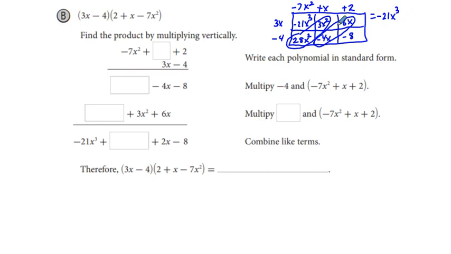And then we have this 28x squared plus 3x squared, which is plus 31x squared. Then we have this negative 4x plus 6x, which is going to be plus 2x. And finally we have this negative 8 over here. So this would be our answer. And so this box method, I like this way better than this vertical method shown on this page.